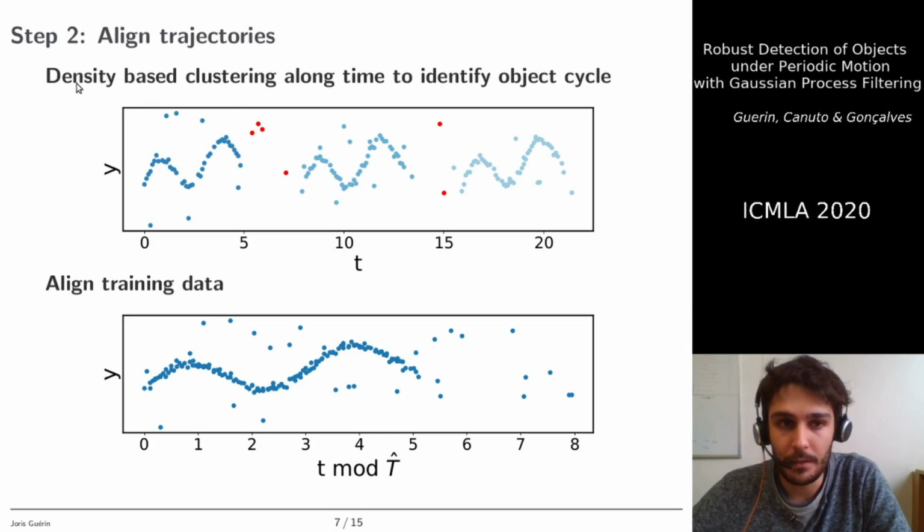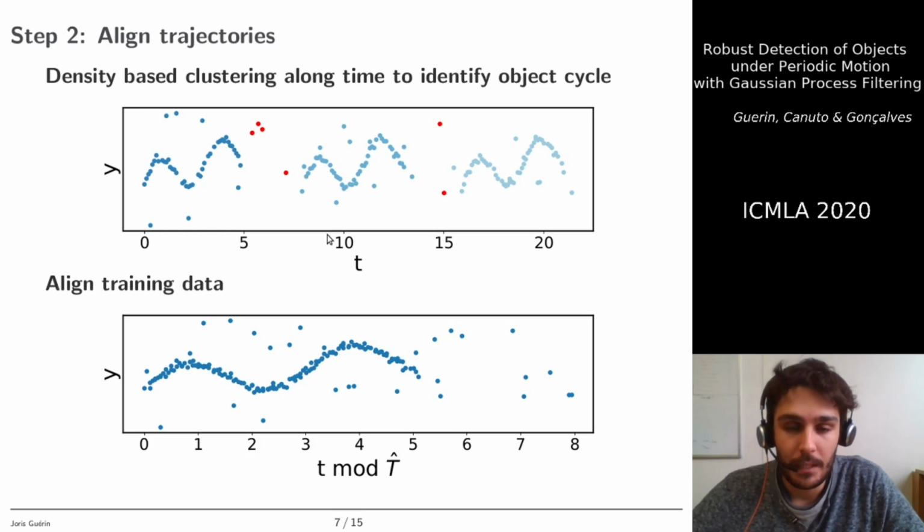So we can conduct density-based clustering on the t components, and that will isolate 3 groups of points with a few outliers that we can remove. Then we can take the first point of each group and take the difference to evaluate the period of the system. With this period, we can take the modulo and align the training data.